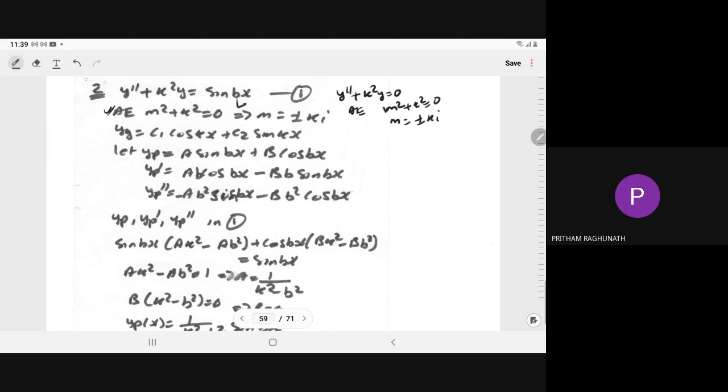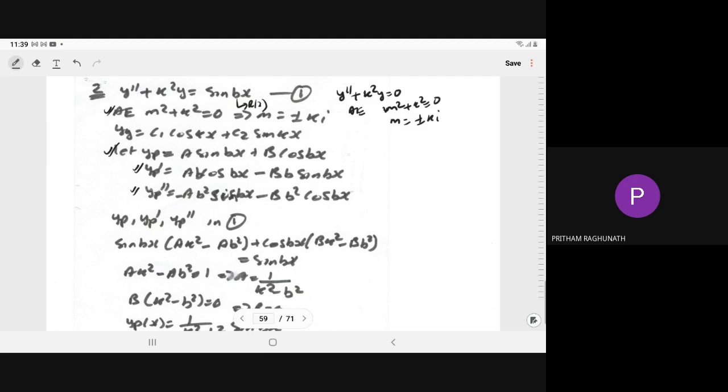Now this is your Rx of trigonometric form. So we consider yp is equal to a sin bx plus b cos bx. When we compute yp dash, you will get a b cos bx minus b b sin bx, and yp double dash will be minus a b square sin bx minus b b square cos bx.